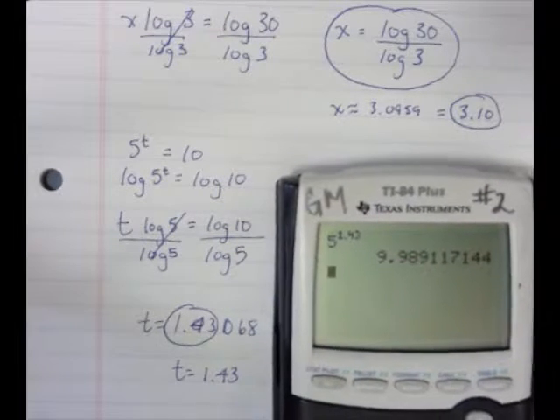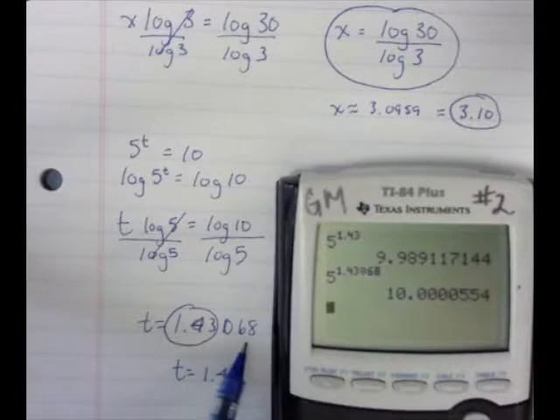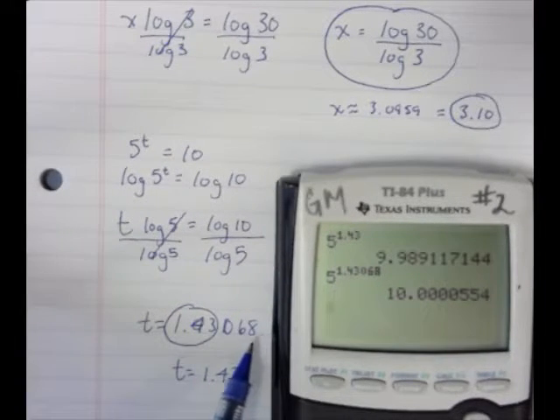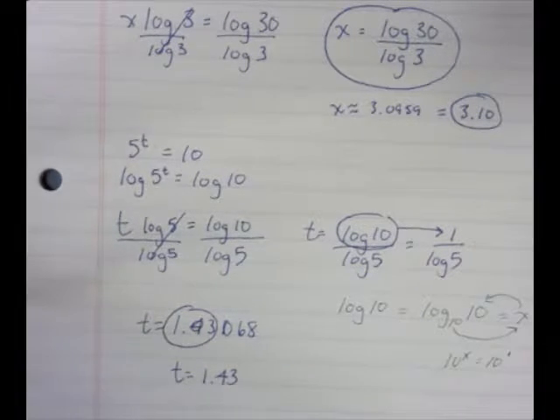If I use even more of those digits, I should get something even closer to 10. So 5 to the 1.43068 should get me something even closer to 10, and look, it is. But it's going to be a little bit higher than 10 because I rounded the 6, 7, 8 into 6, 8. Okay? So that's what we did in class today.